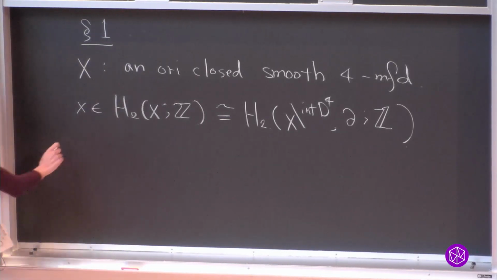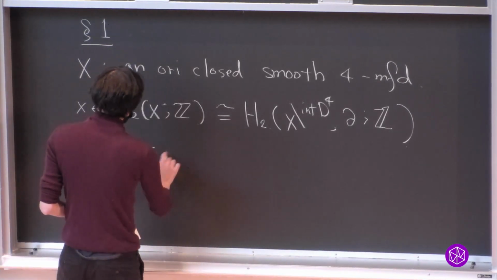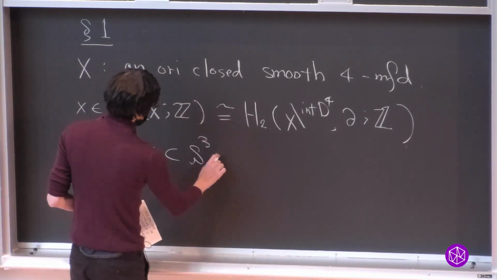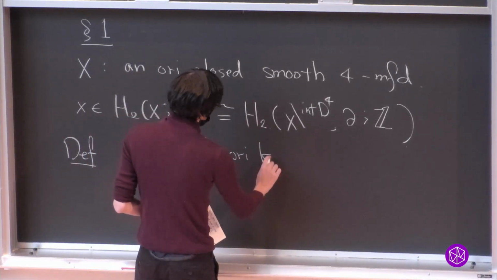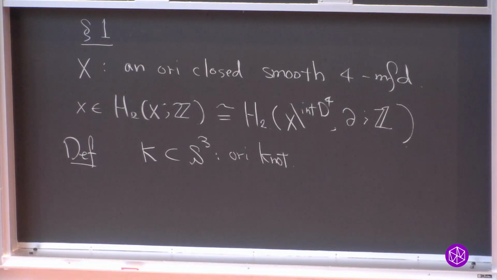Now, for a given oriented knot K in S^3, we can define the relative genus.